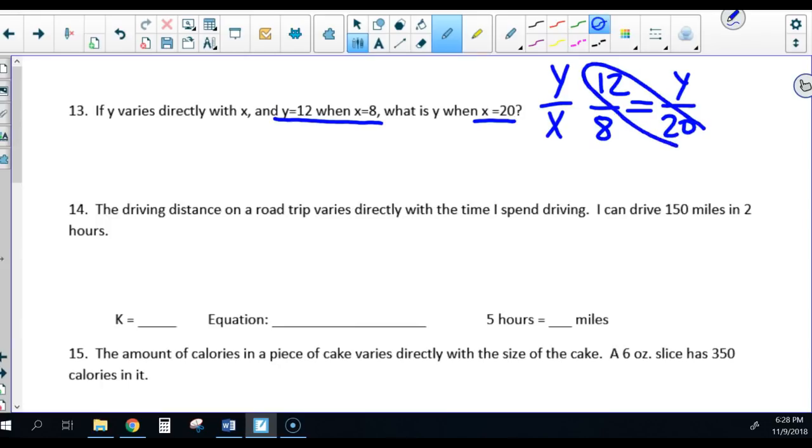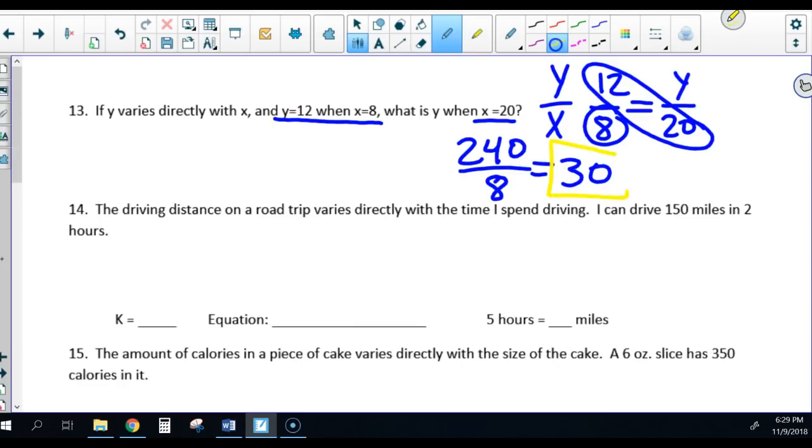Cross multiplying here, 12 times 20, what is that? 240 divided by 8 is 30? Yes, 30.